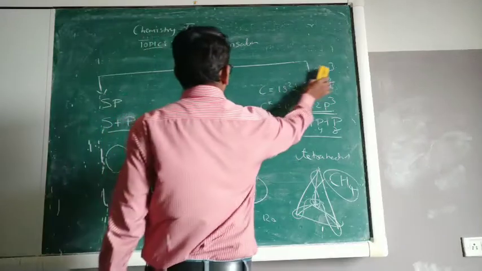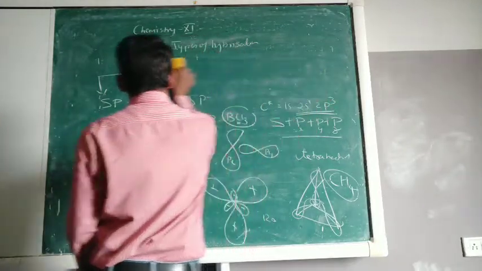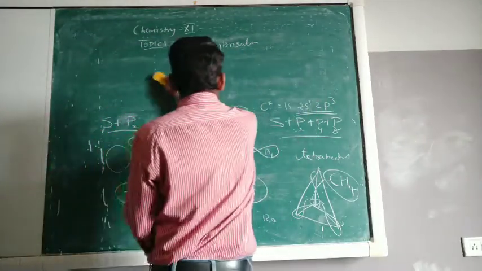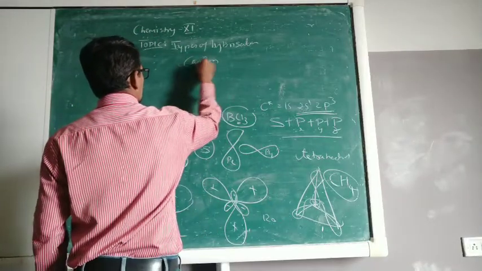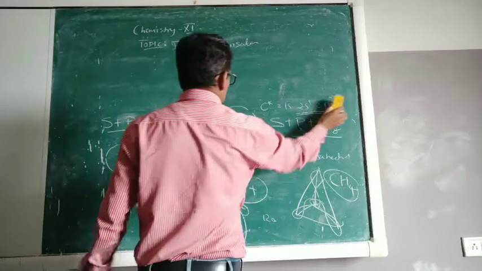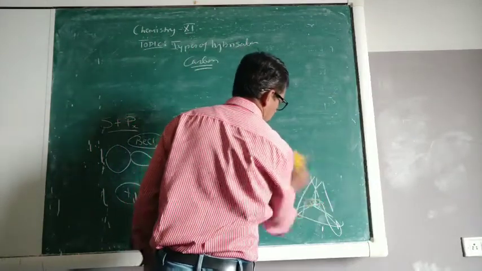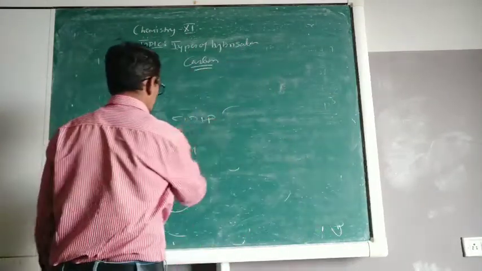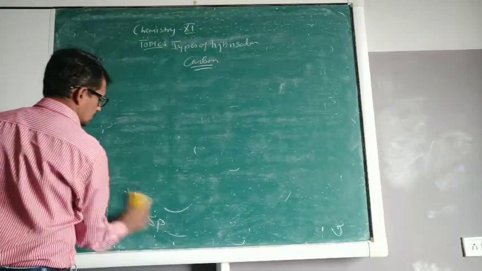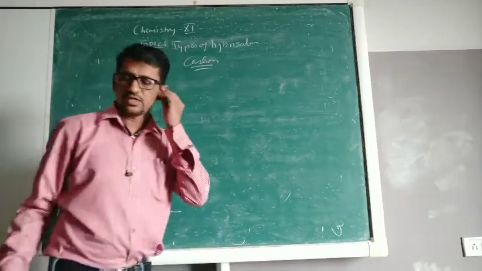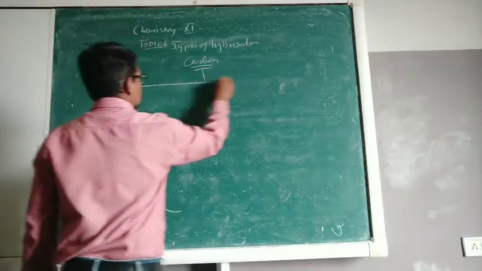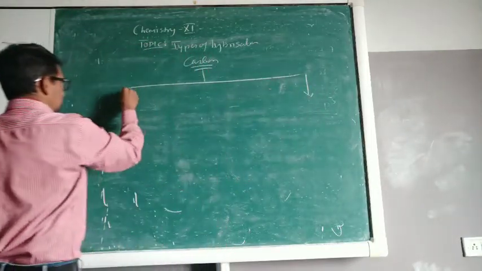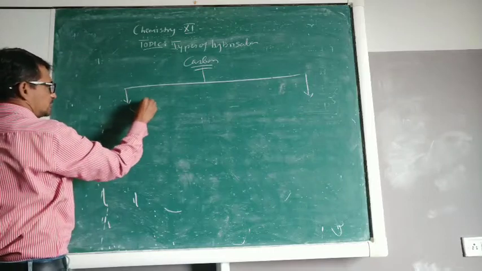Similarly, the classification of hybridization will take place in terms of carbon. Then there will be 3 classifications. Okay, hybridization in terms of organic compounds, in terms of carbon. We have first sp3 hybridization.